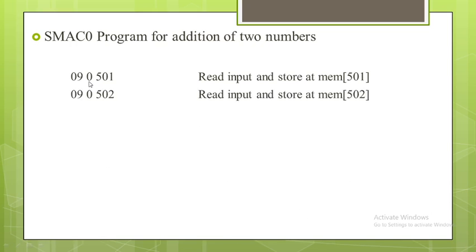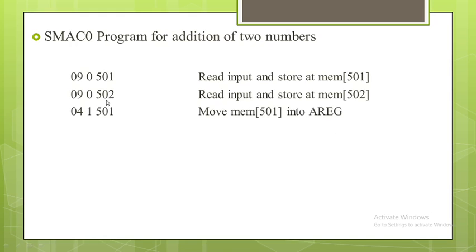After that I have to read the second input value that I want to add. We know that for reading we use the opcode 09. The first operand is 0, and whatever value is given as input will be stored into memory address 502.